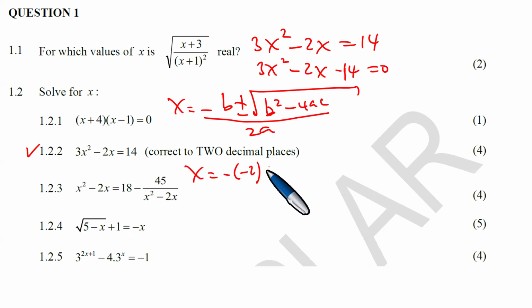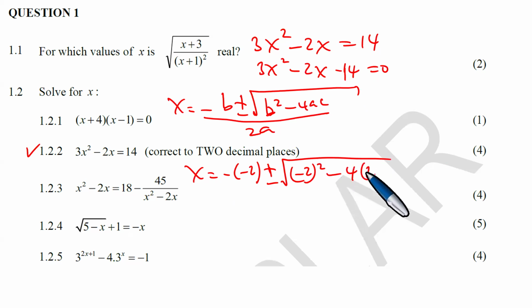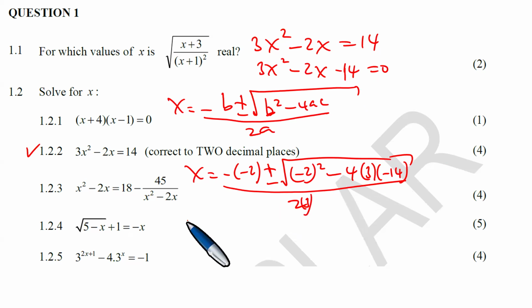So it's going to be minus minus 2 plus or minus the square root of minus 2 squared minus 4, a is 3, c is minus 14, all over 2a, where a is 3.